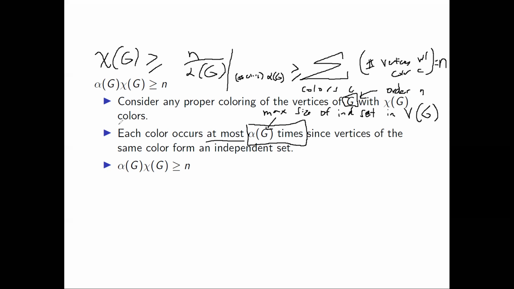And we saw the number of colors was right here. So the coloring we were using had chromatic number of colors. So that's how we get the inequality. So this gives us a lower bound on the chromatic number.